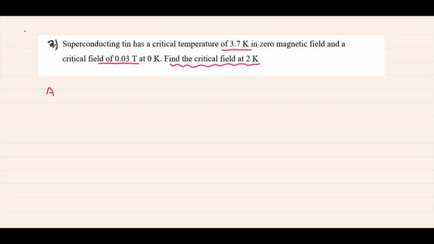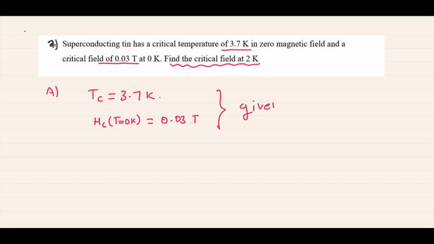So we can write the given data: critical temperature Tc is 3.7 Kelvin, and critical field at T equal to 0 Kelvin is 0.03 Tesla. The question is to find out Hc at T equal to 2 Kelvin.